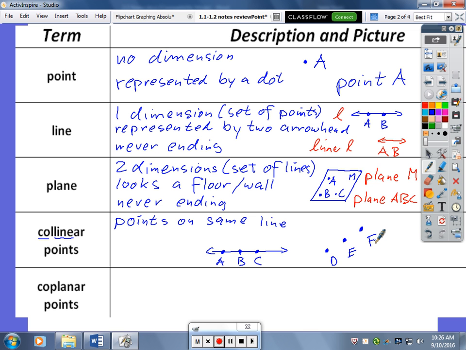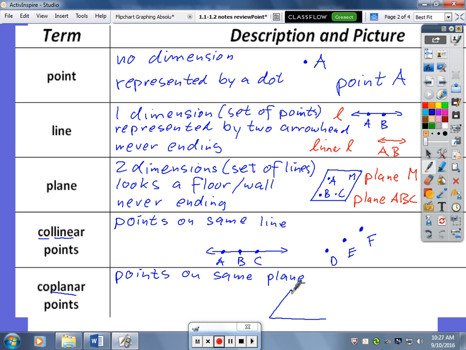Coplanar points are points on the same plane. And you can also find the word plane in coplanar. And the points on the same plane, the coplanar points, on the other hand, do not necessarily have to be collinear, because remember from above, a plane has many lines.